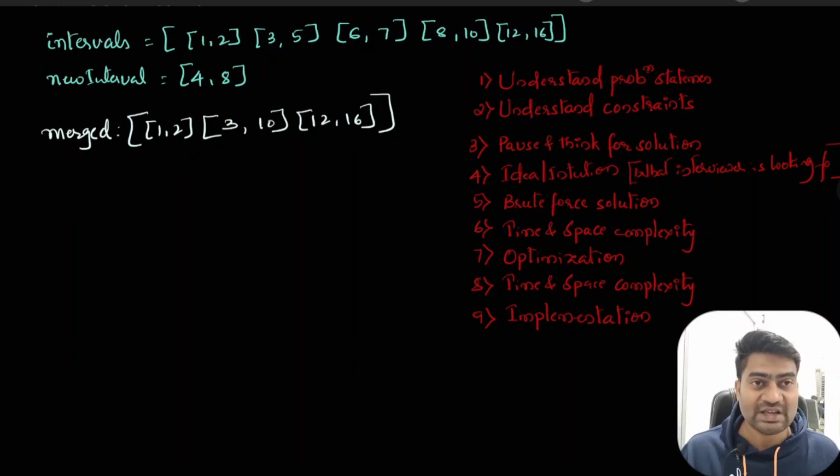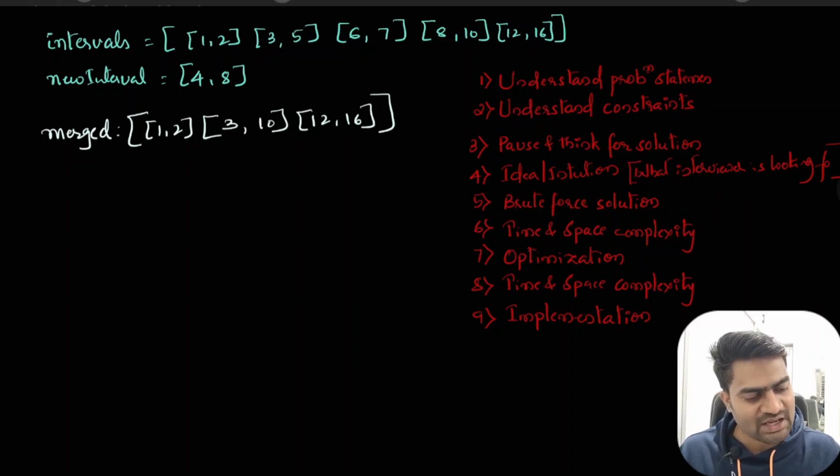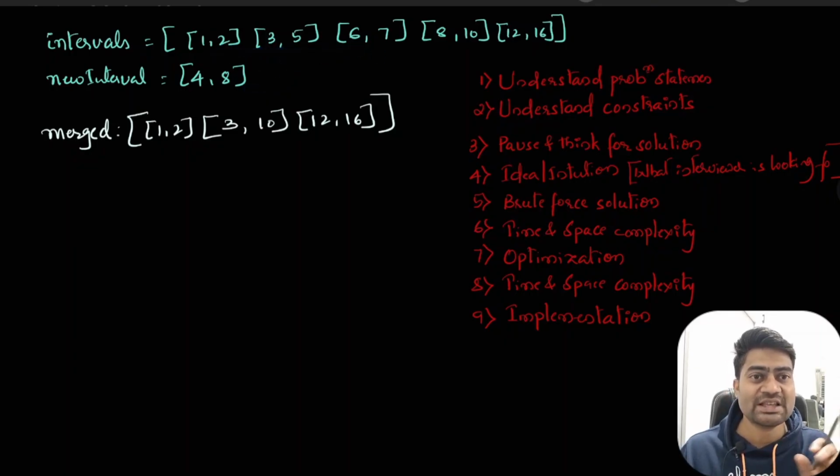So first thing would be, when we insert this here, again these things should be in their sorted order, correct, right? Then only we will be able to merge the intervals. So now what I will do, I will first insert this at the end of the intervals. Then what I will do, I will simply sort it.